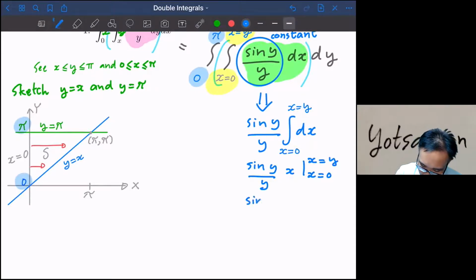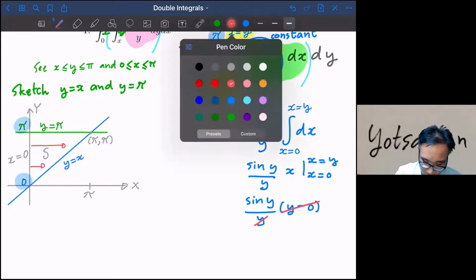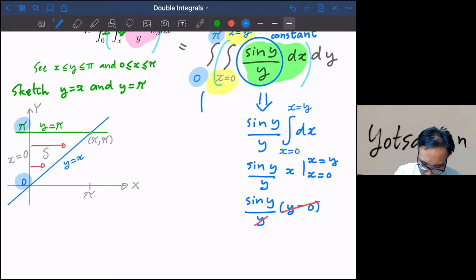So you would just have psi y over y times y minus 0. And y minus 0 and y will get rid of each other. So you copy down the outside integral. So it's going to be integral from 0 to pi dy.